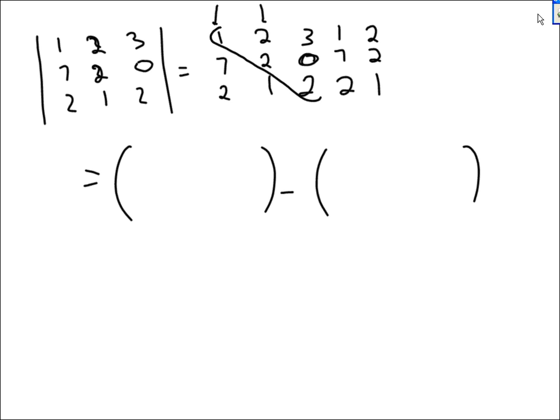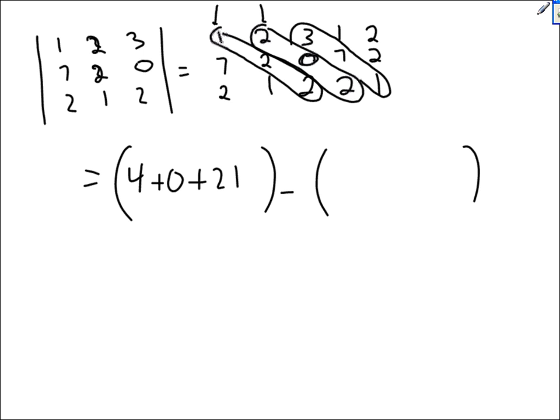It's this product, which is 4, plus this product, which is 0, plus this product, which is 21, minus, now we go the other way, this product, which is 12, plus this product, which is 0, plus this product, which is 28.